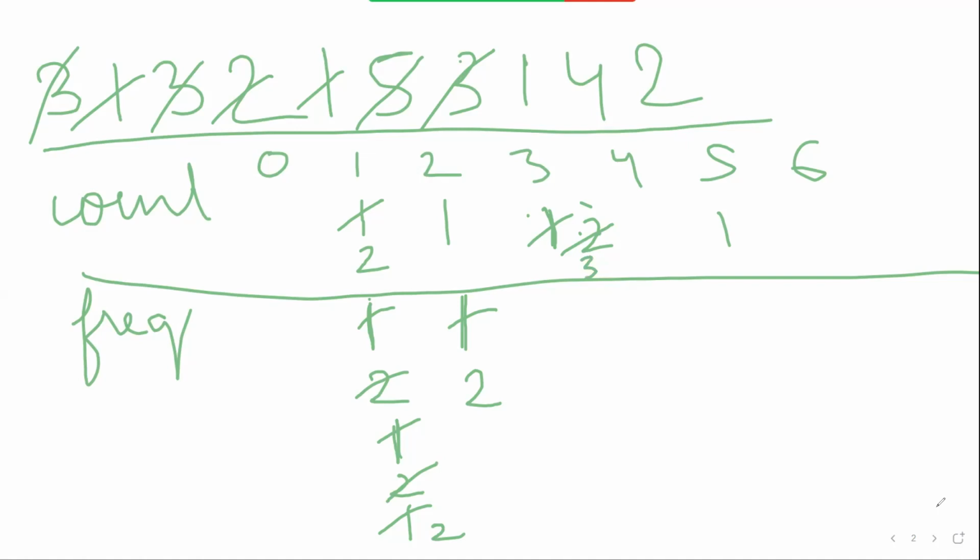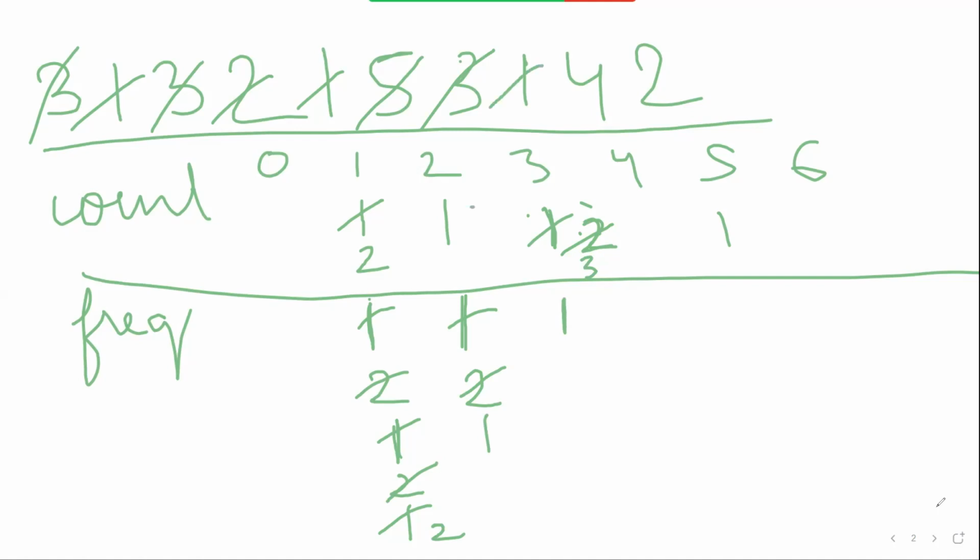Since before its count was 2, we had two elements with frequency 2, so it will be decreased to 1. Now we have an element whose frequency is 3. So at index 3 we will have 1, telling us that we have one element with frequency 3.